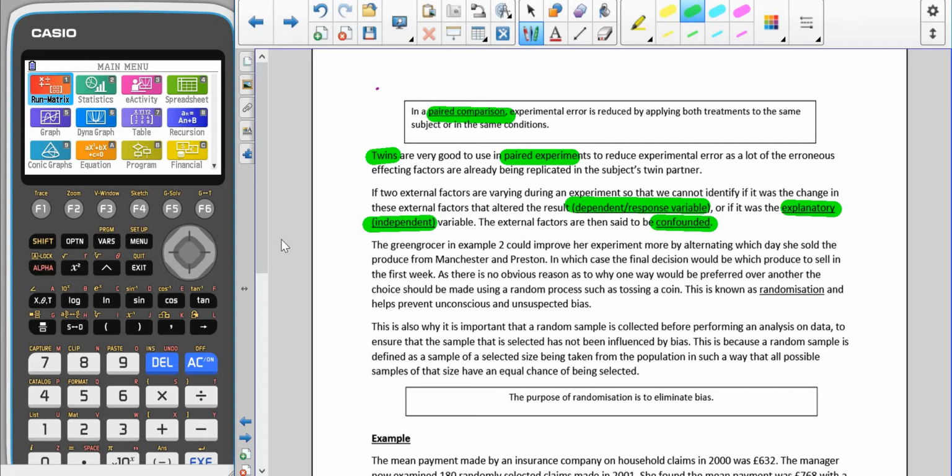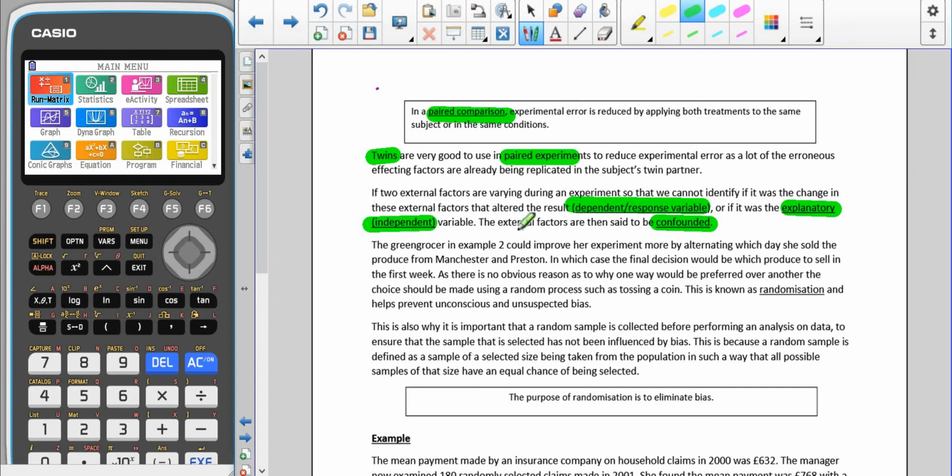So having paired data, even if it's not twins, is sometimes better than having the same person do the same activity before and after something has happened, because you don't know if it's the fact that they've completed the maze twice, or they've done the experiment twice, or whatever it is that you're trying to test, and that's why they've got better at it.